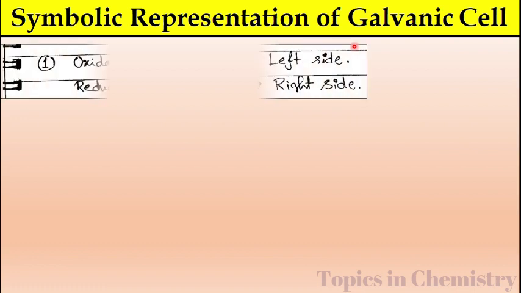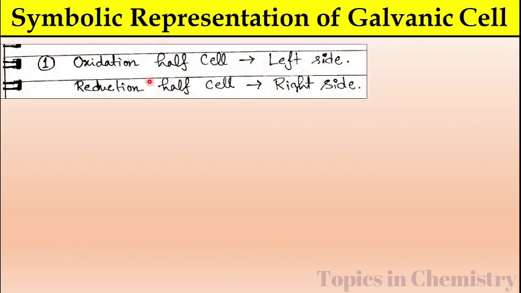Next topic is the symbolic representation of a galvanic cell. You have to know how to represent a galvanic cell. There are some rules. The first rule: the oxidation half cell is on the left side, and the right side is the reduction half cell.